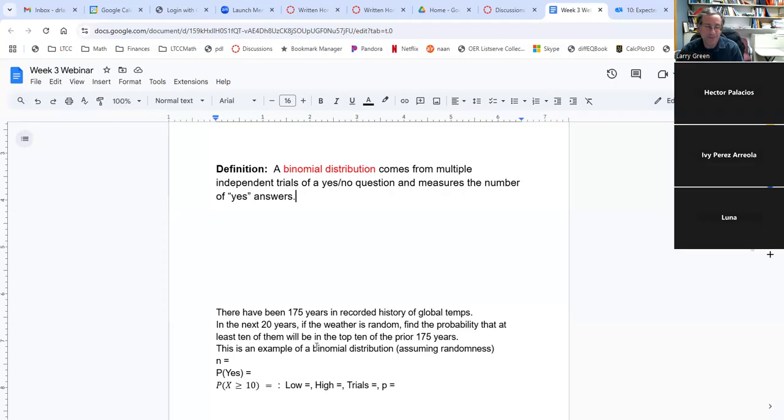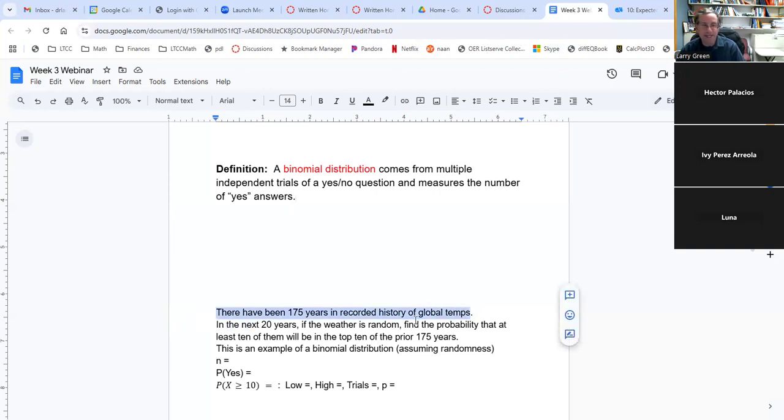And we don't need to worry about it. Okay. So the key on things like climate change is to see statistically, are we in climate change? So here is, and by the way, unlike some of the other examples I give you, this one you can quote me on. Okay. There have been 175 years in recorded history of global temperatures.